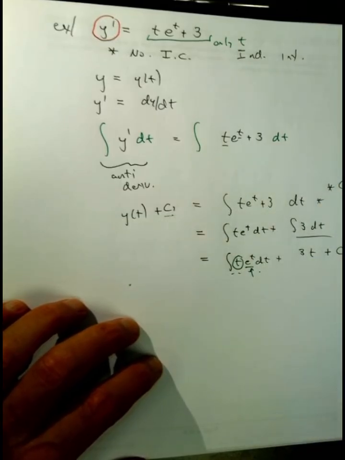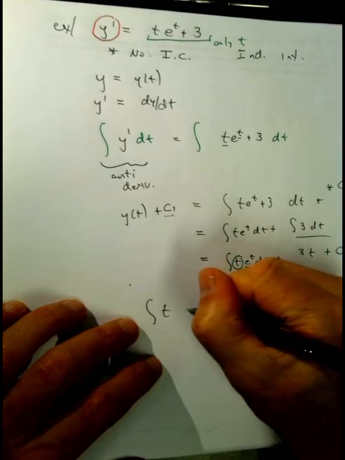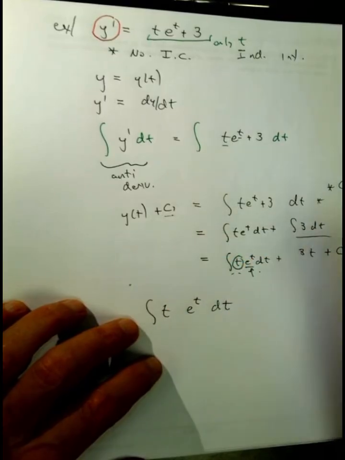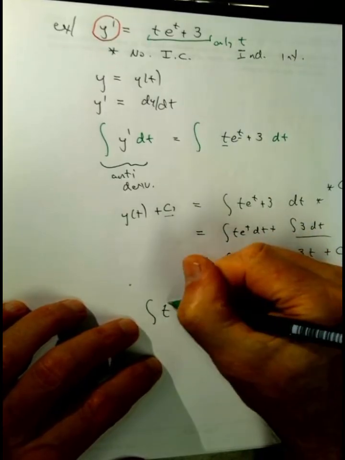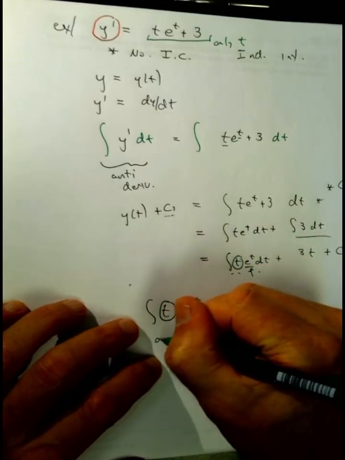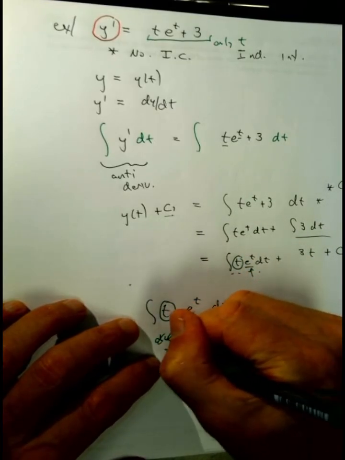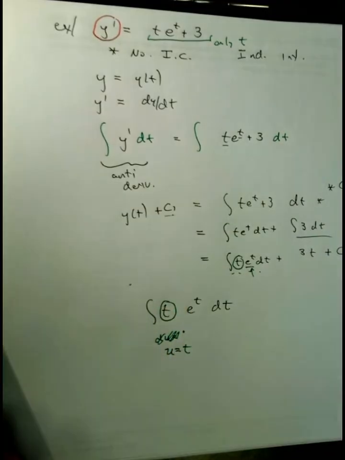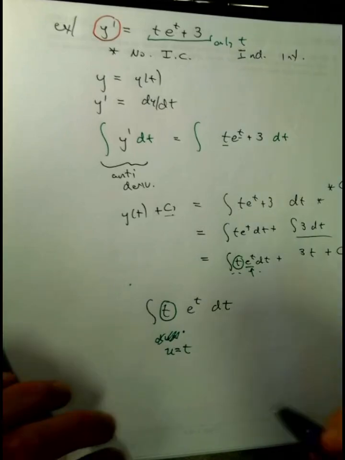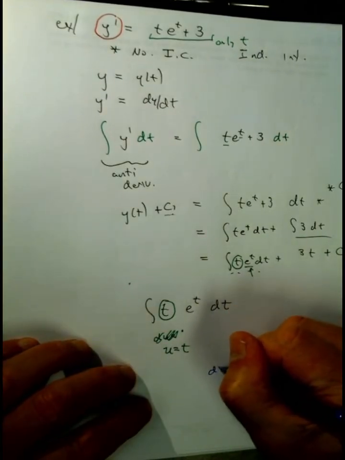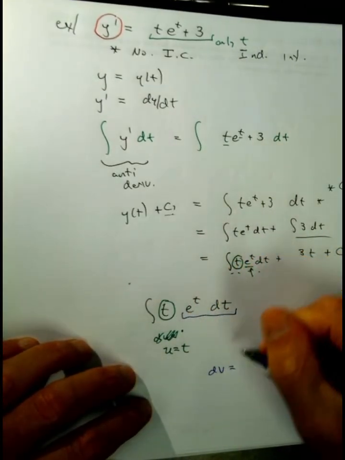So what I'm going to use here is integration by parts. So I want to take the derivative of that, which means my u equals t. Once I make that decision, everything else is fixed for me, because that means my dv is going to be whatever's left.